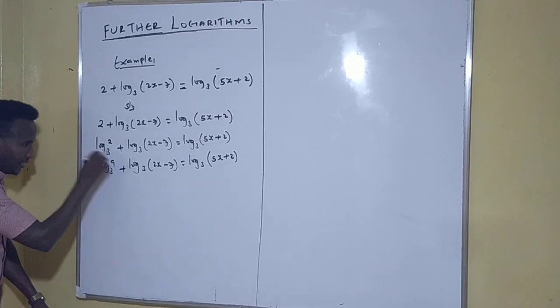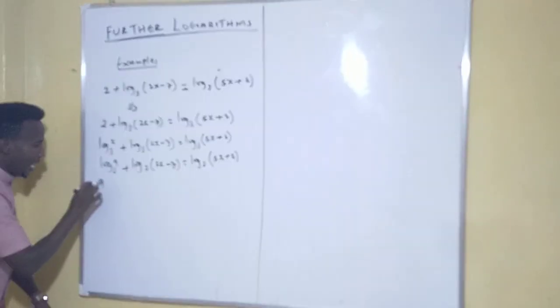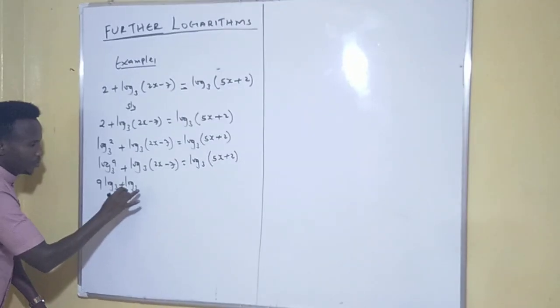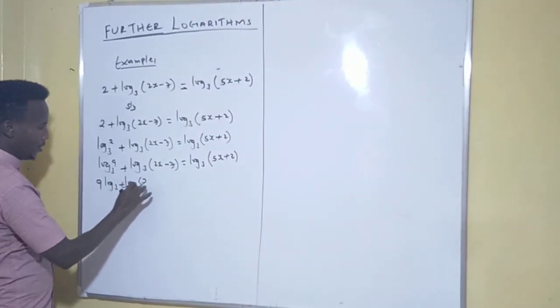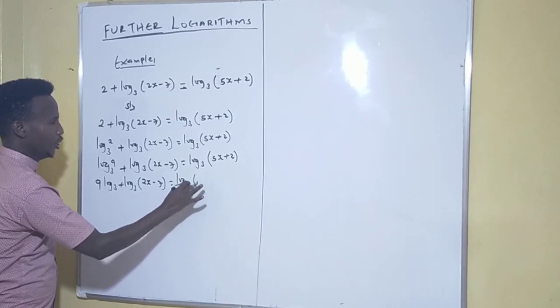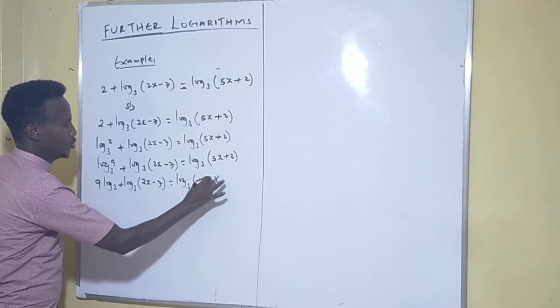So this can be written as 9 log base 3 plus log base 3 of (2x minus 7) is equal to log base 3 of (5x plus 2).